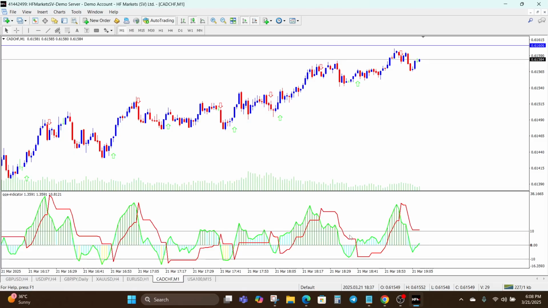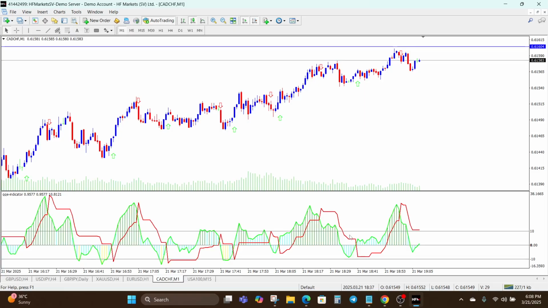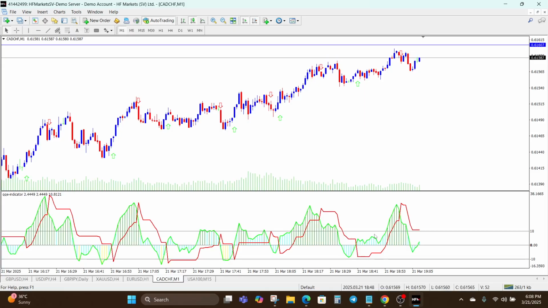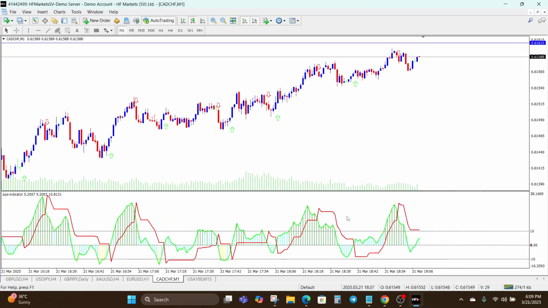So how do you trade using the QQE indicator? Now, the QQE indicator works in two main ways. First of all, for trend confirmation.